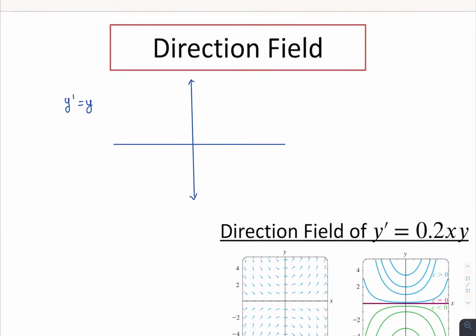Let's just say, I'm just going to make it up, this is (0, 0), (1, 0), (2, 0), (3, 0), and this is (1, 1), (2, 1), (3, 1), and this is (1, 2), (2, 2), (3, 3).